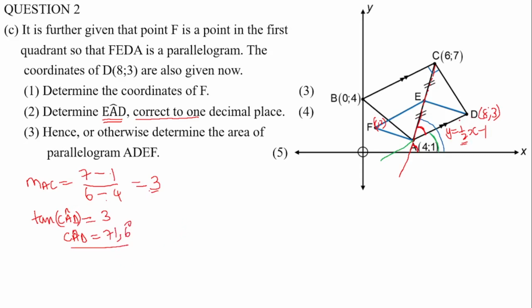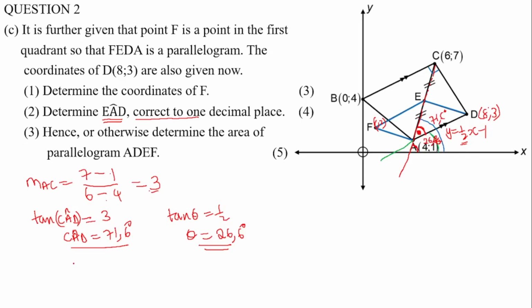We have the gradient of AD. Let's call this angle theta. So tan theta is equal to 1 over 2, then theta is equal to arctan 1 over 2, which gives 26.6 degrees. And then this angle here is 71.6 degrees minus 26.6 degrees.